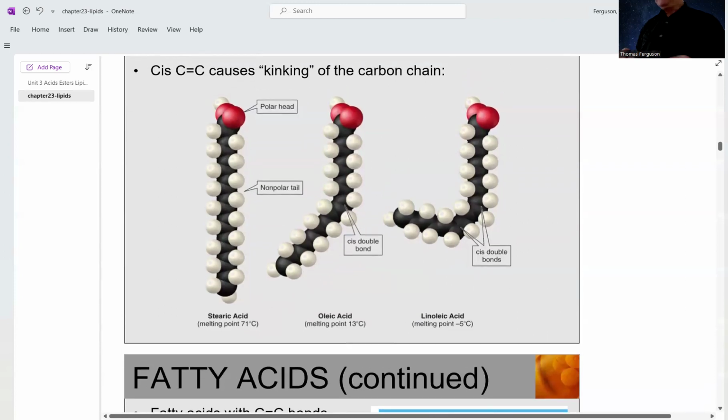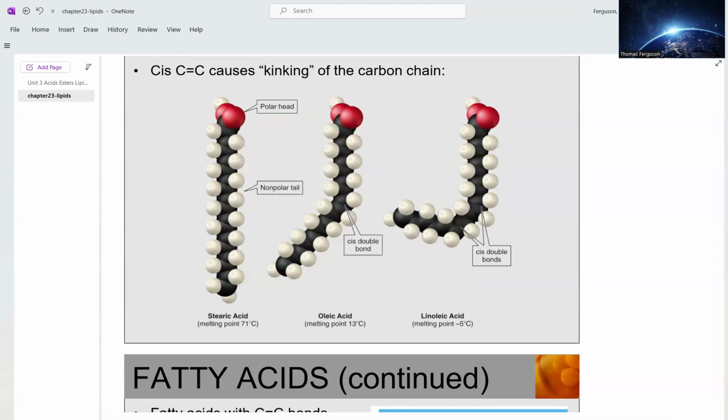Now, it's really important in your nutrition to not eat trans fats. The reason for that is because our enzymes are looking for kinks in the carbon backbone. If there are no kinks, the enzyme does not work as well.